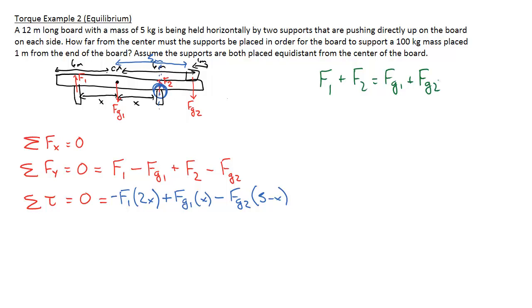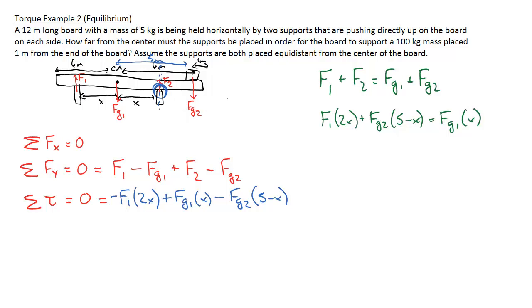Then for the second one, if I just put all the negatives on the other side, I'll have F1 times 2x plus FG2 times 5 minus x equals FG1 times x.